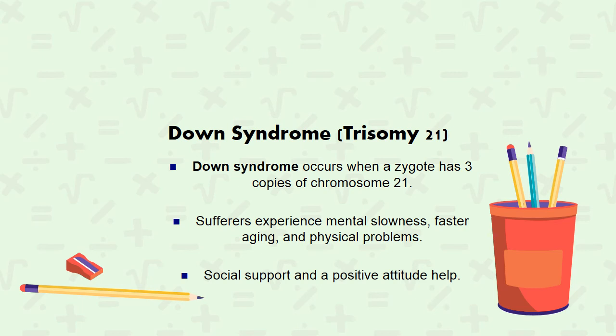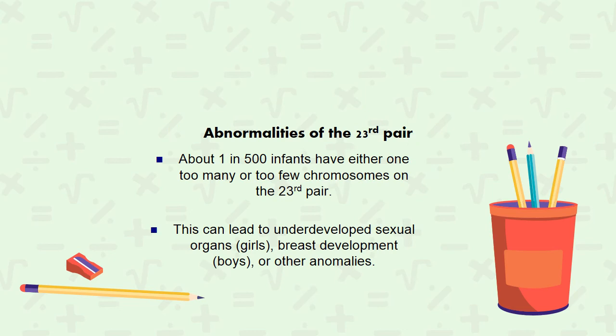This kind of child will be a slow learner, and they will age fast, and they will have physical problems with adapting to the outside world, and they can live with a lot of social support and a positive attitude by the caregivers as well as by themselves.